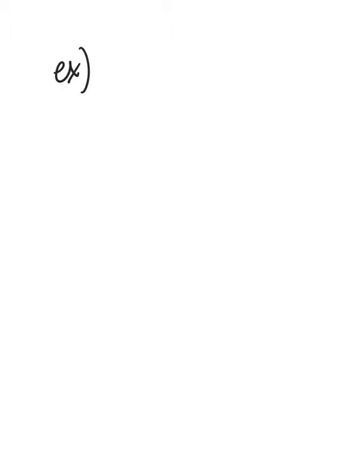So let's say point A is the point -2, -1. And we have point B, and I'm going to make it the point 1 and 5.